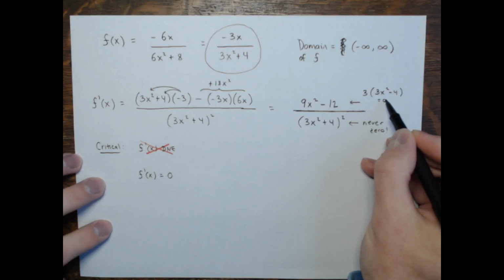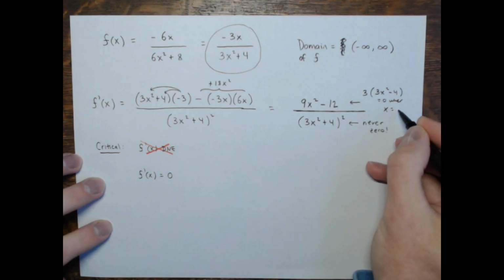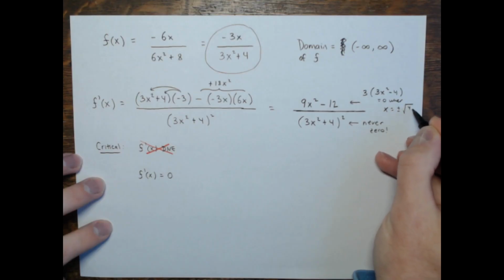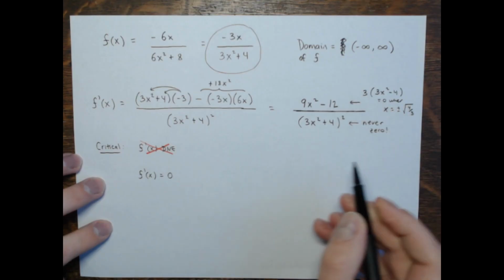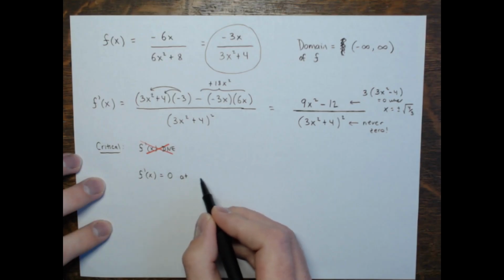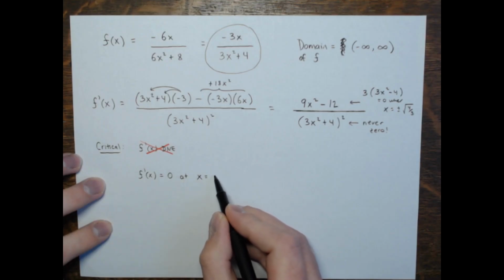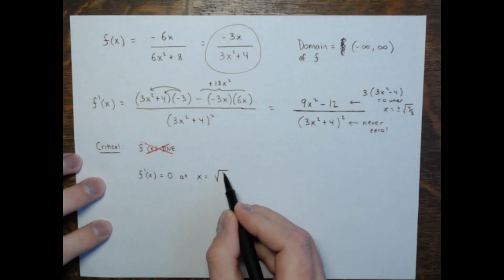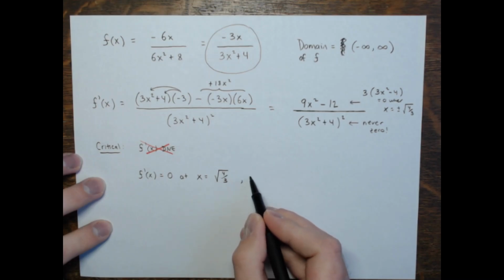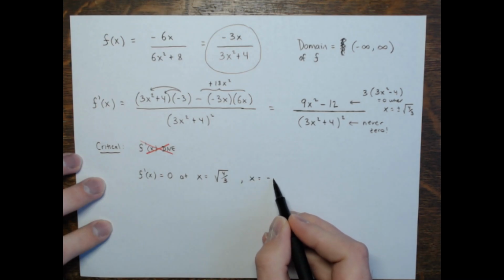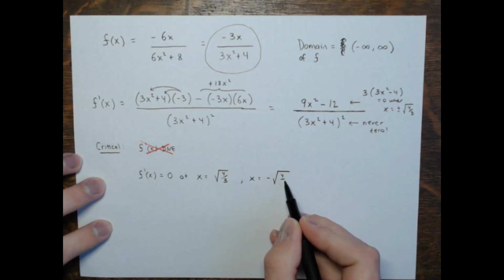And this will be equal to 0 when x equals positive or negative square root of 4/3. So this happens at x equals positive square root of 4/3, or x equals the opposite, negative square root of 4/3.